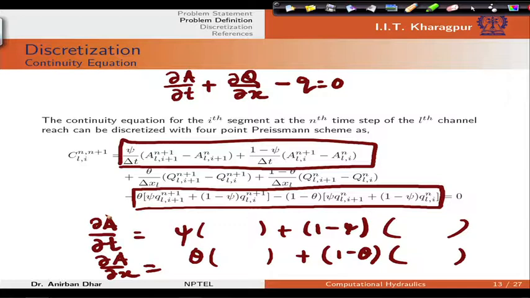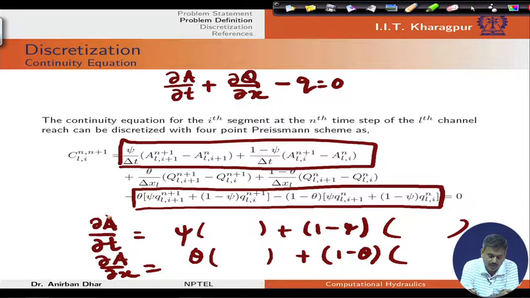Although this part is linear in nature, the problem is totally dependent on the theta and psi values in this case. Let us say we have psi equals 1, then we will have one combination here.